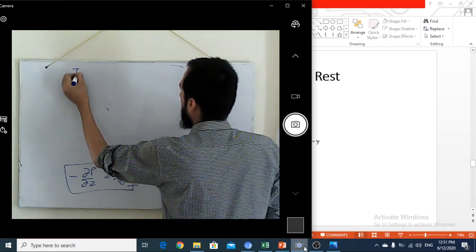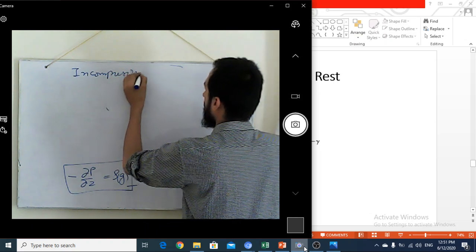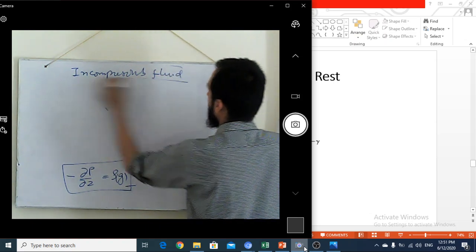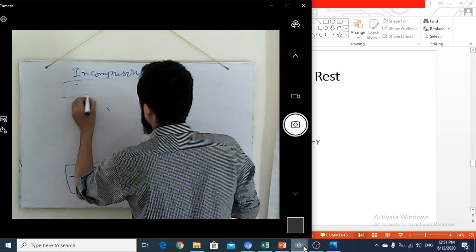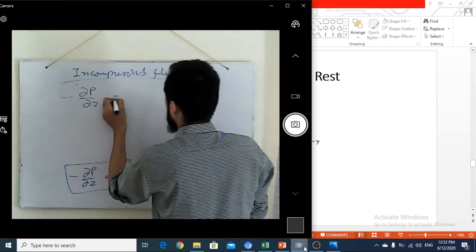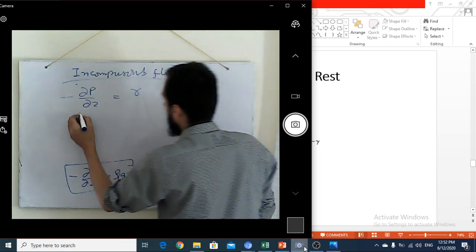Incompressible, let's say, is simple. ∂p over ∂z is equals to minus specific weight, and we will integrate it.